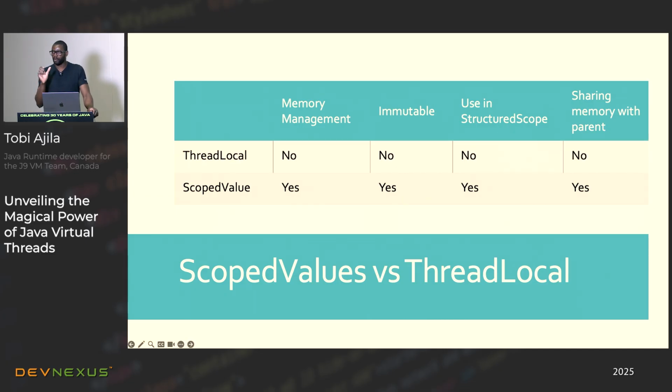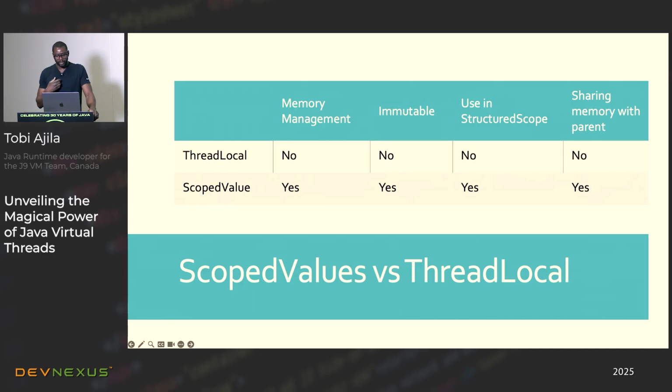Once you bind them, they're bound within that scope and can't be changed, so you don't have data inconsistency if you have multiple threads or multiple functions changing things. Thread locals cannot be used with structured task scopes, so there's a limitation there.